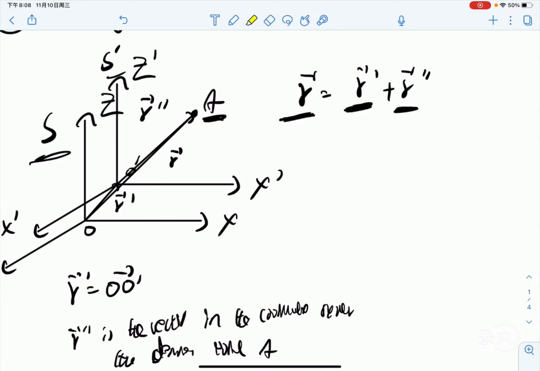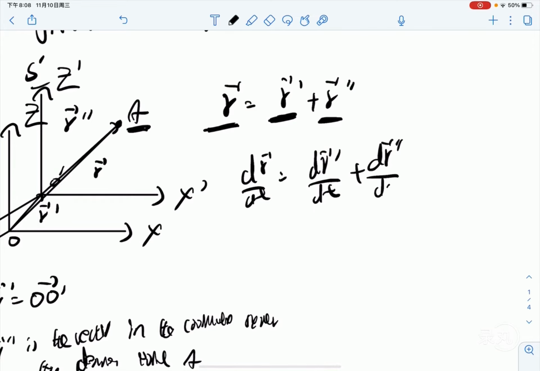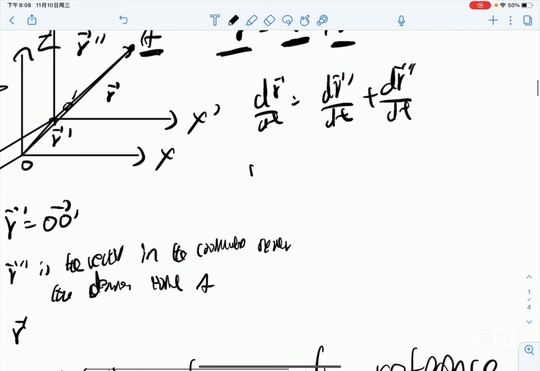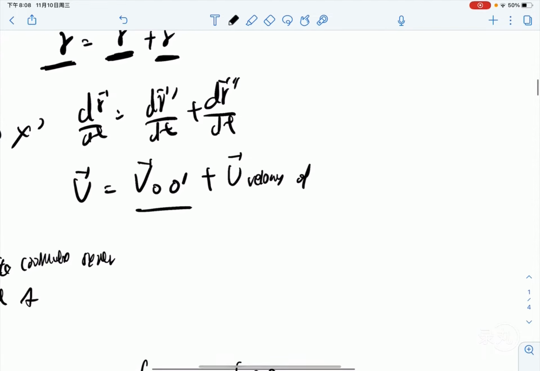And now if we take the derivative, we have that dr dt is equal to dr prime dt plus dr double prime dt. So basically we have that the velocity is equal to the relative velocity and the velocity of A in frame of S prime.